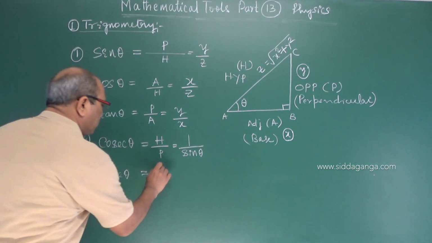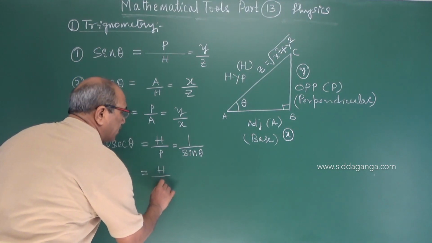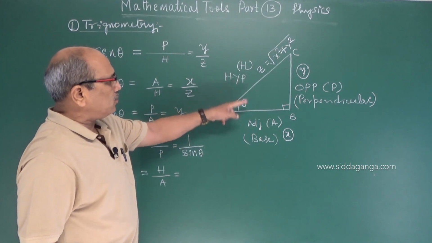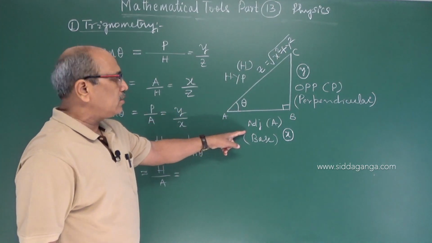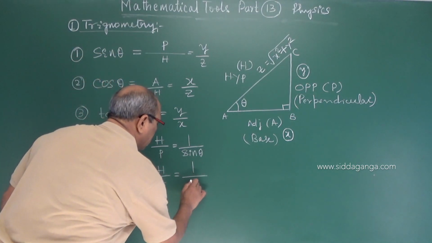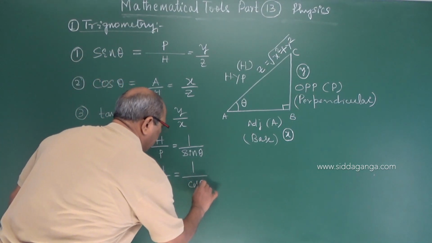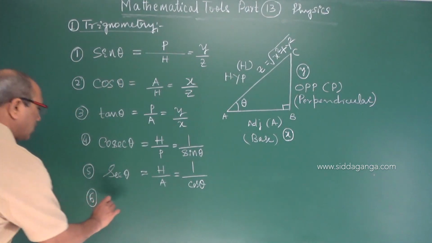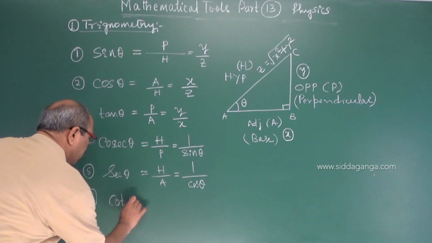Secant theta is hypotenuse by adjacent side. Again, adjacent side by hypotenuse becomes cos theta, so it is the reciprocal of that. Therefore, I can write it as 1 by cos theta. Similarly, the sixth one is cot theta.